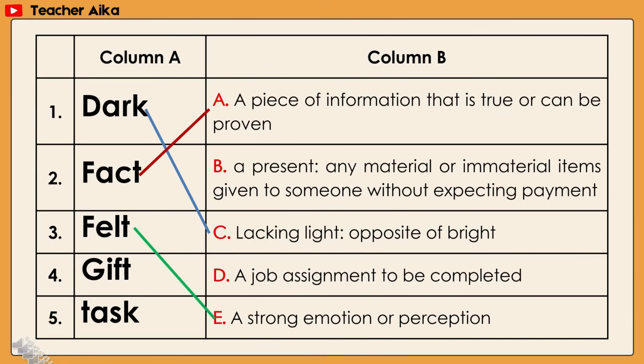Answer, E, a strong emotion or perception. Number 4, gift. Answer B, a present. Any material or immaterial items given to someone without expecting payment. Number 5, task. Answer D, a job assignment to be completed.